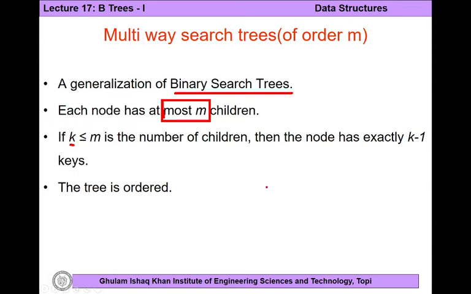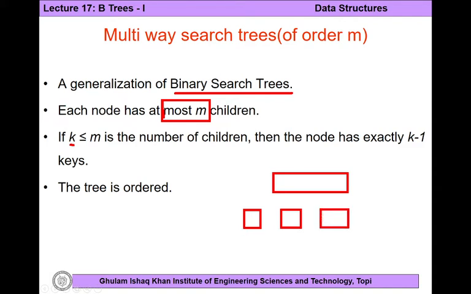For example, there is a node, and this node has, let's say, 1 child, 2 child and 3 children. Since this node has 3 children, it means it will have 3 minus 1 number of keys within it, right?